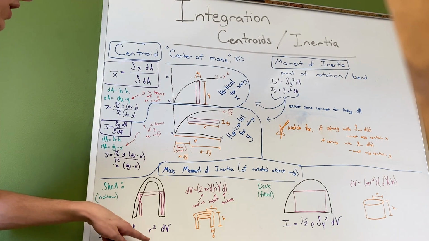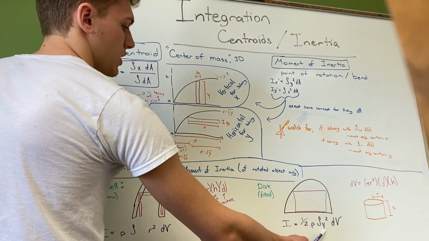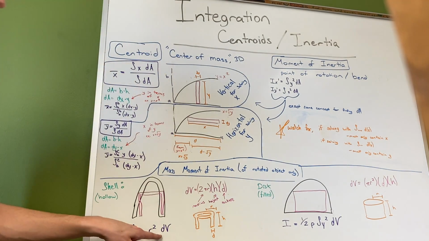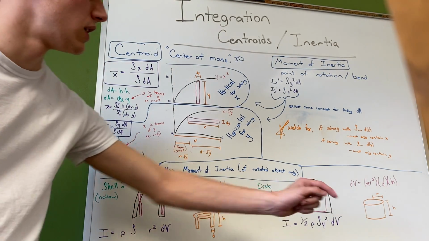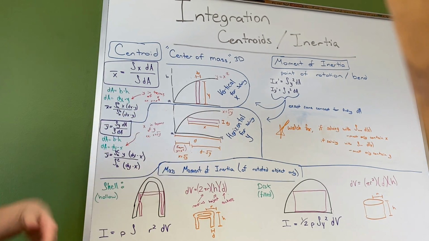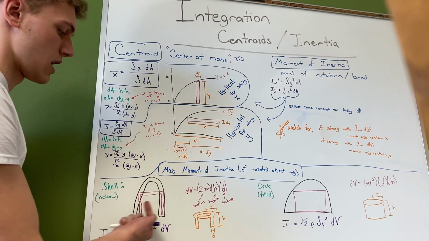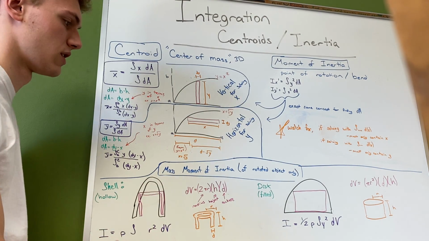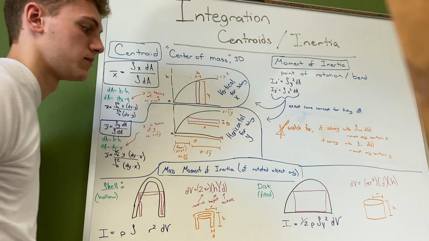This one you're differentiating with r, this one you're differentiating with y, and that's how you need to set up your dV. Same thing that we did up here, but now it's a little different because it's not a square that we're taking sections of. Now it's either this hollow cylinder or this cylinder.